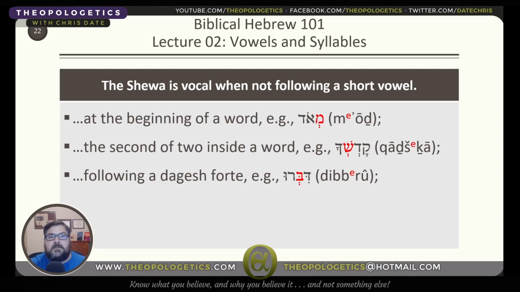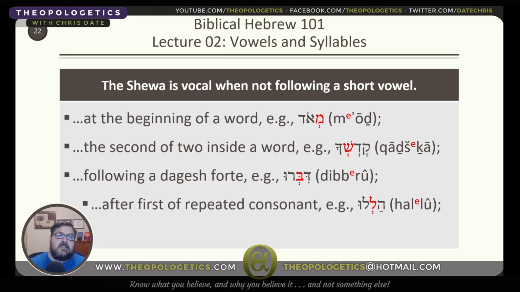So the first of the doubled bets closes the first syllable, and the second of the doubled bets has the shva under it. And so that second of the repeated bet is a syllable along with the vocalized shva under it. Dib-ba-ru.